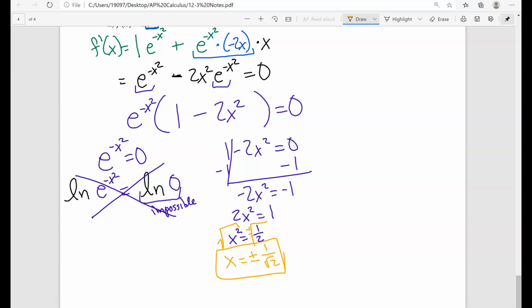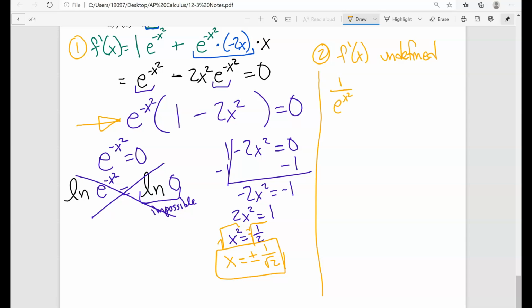Now, could this be undefined? Well, let's see. If I look at my most simplified part of the derivative, notice that I can rewrite this as 1 over e to the x squared, times 1 minus 2x squared. So this guy's the only one that's giving me issue, this part. e to the x squared.